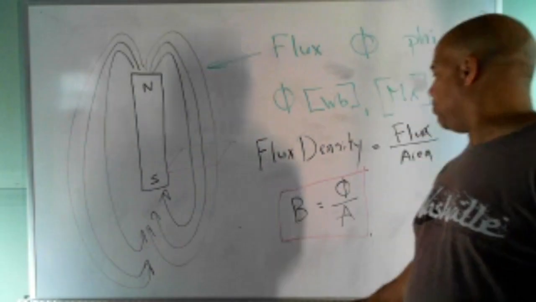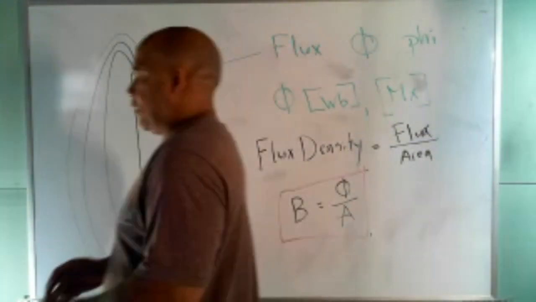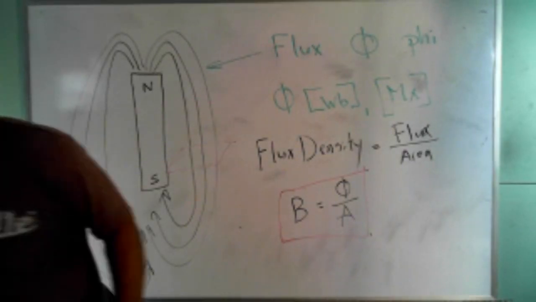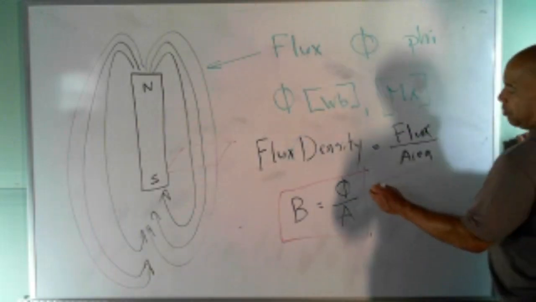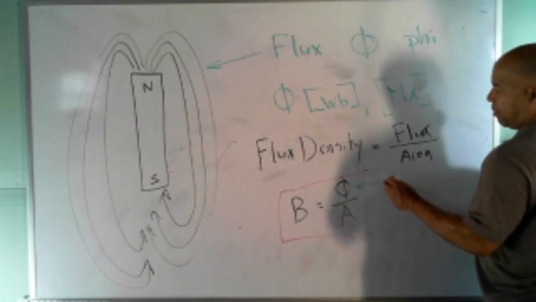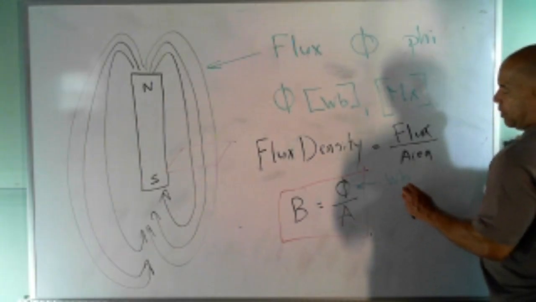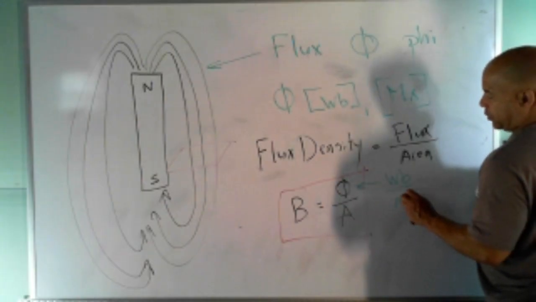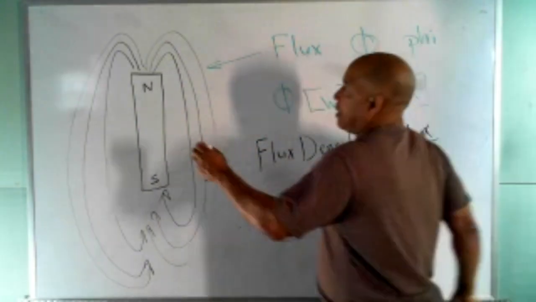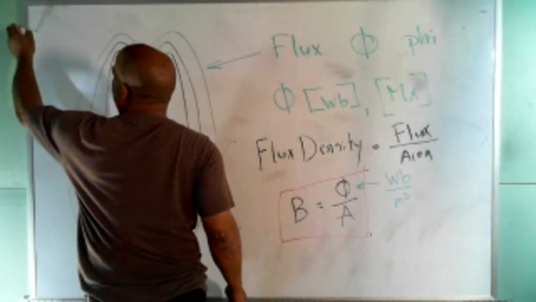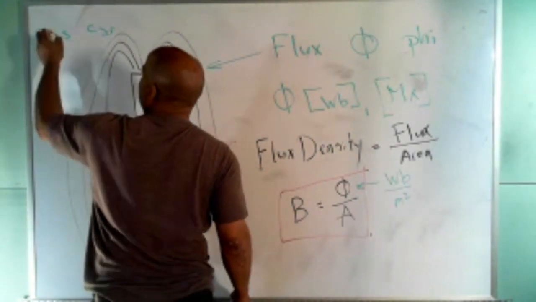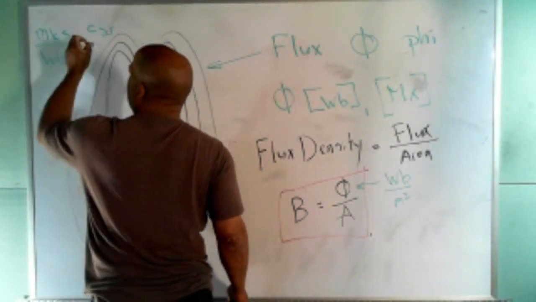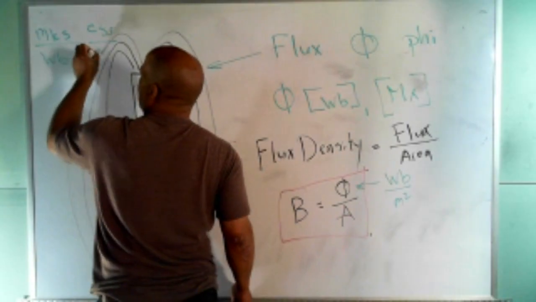That's what's important. Well, if we look at the units of flux density, which of these we use, if we use the Weber, then we've got to make the area in meters squared. The reason is, when we talked about systems of units, there was the MKS system, and there was the CGS system, and Weber was over here, and Maxwell was over here.